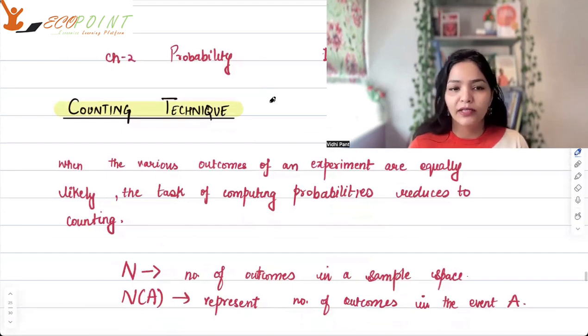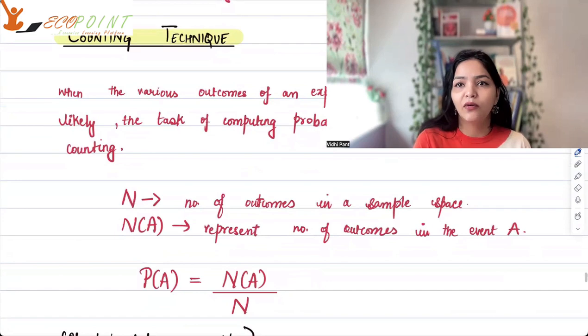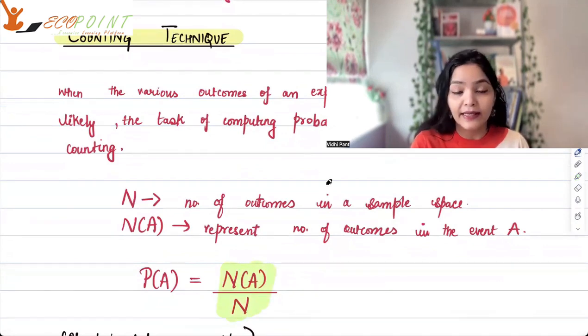Now, let's call capital N the number of outcomes in a sample space, and NA represents the number of outcomes in the event A. Probability of the event A is nothing but NA upon N, right? The whole task is to find NA.